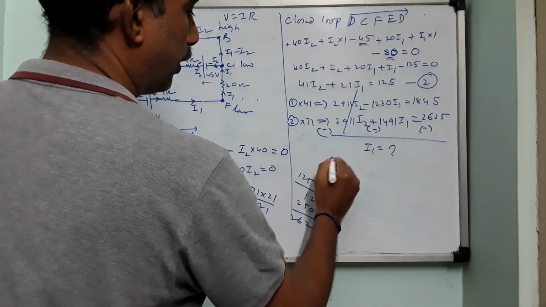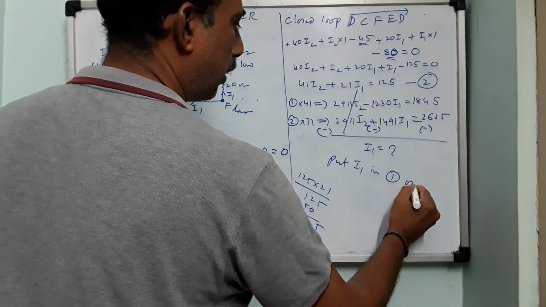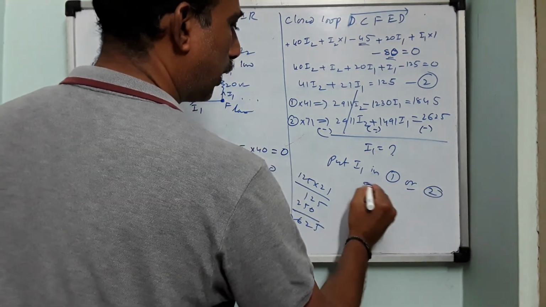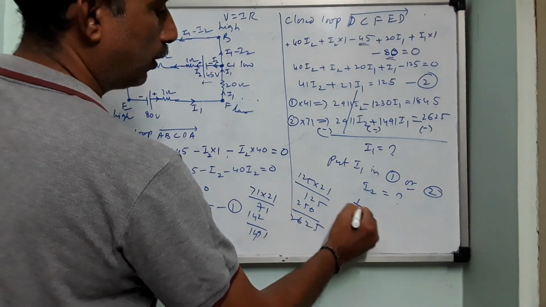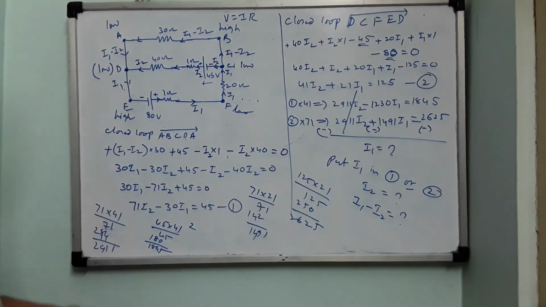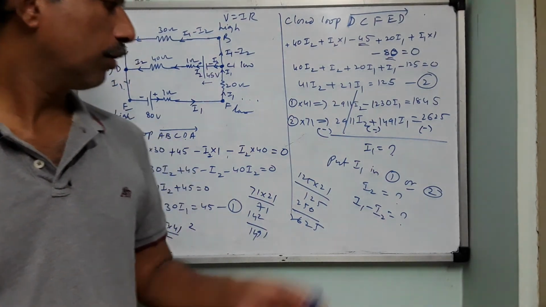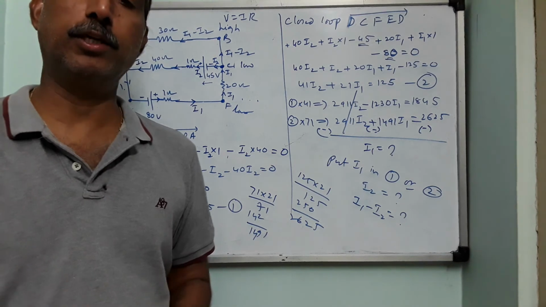So put I1 in 1 or 2, then you will get I2. Once you get I2, then you will have I1 minus I2 equals to this. Is it clear? So though the numbers are very big, the simplification will be easy only.